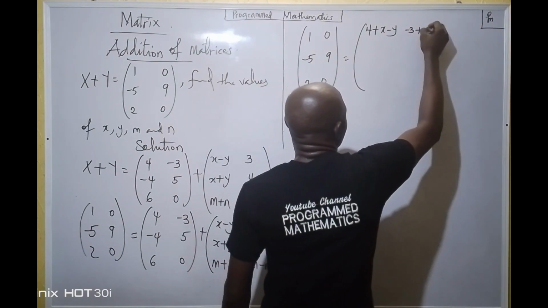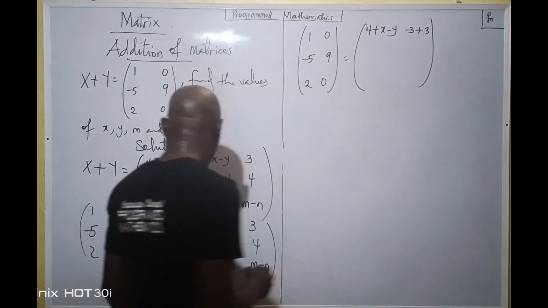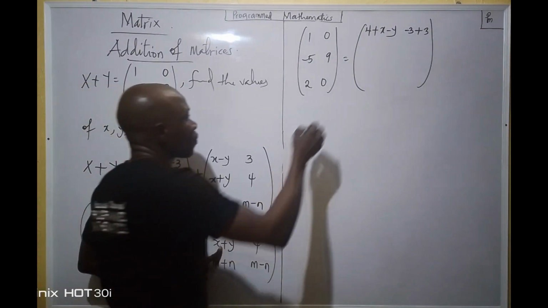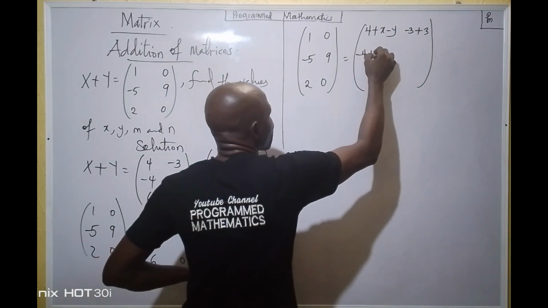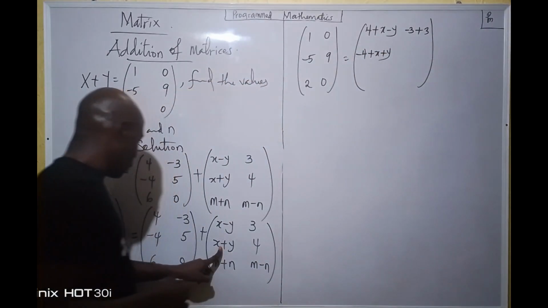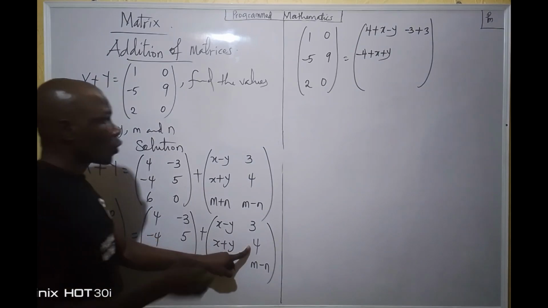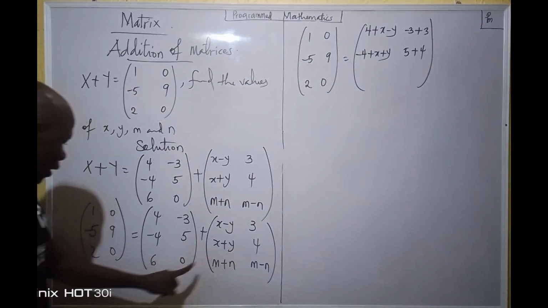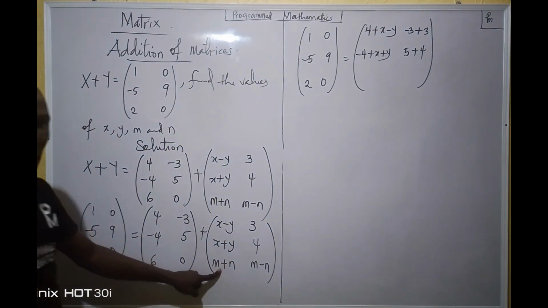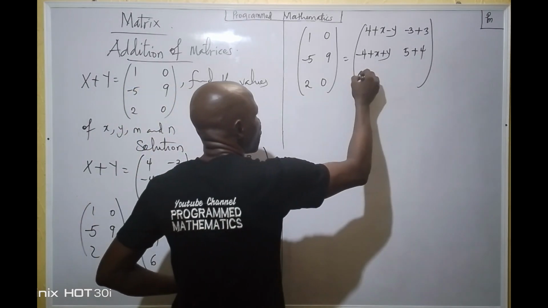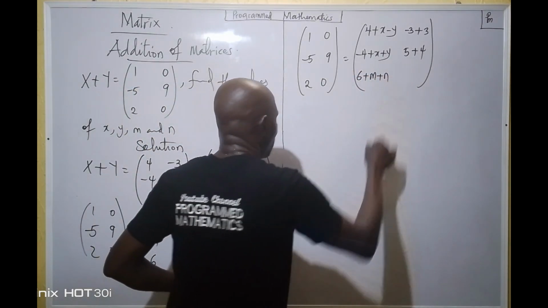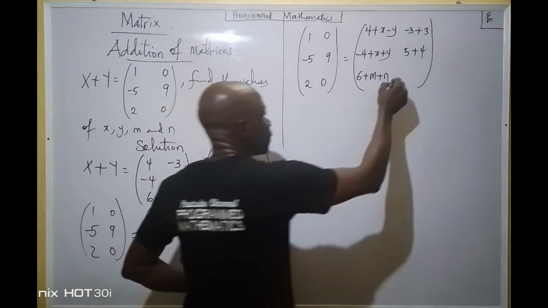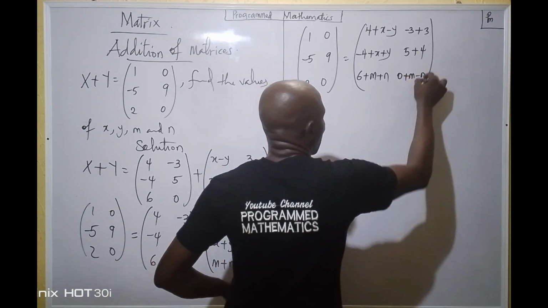Then the next one, minus 4 plus x plus y. Then 5 plus 4, okay. Then 6 plus m plus n. Then 0 plus m minus n.